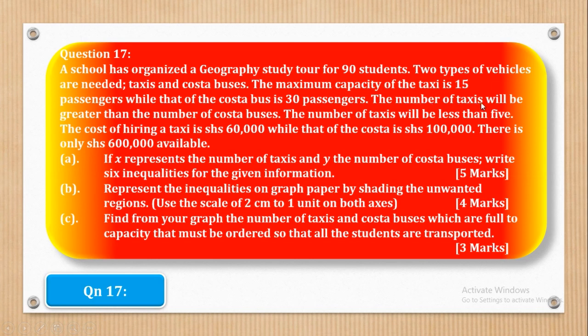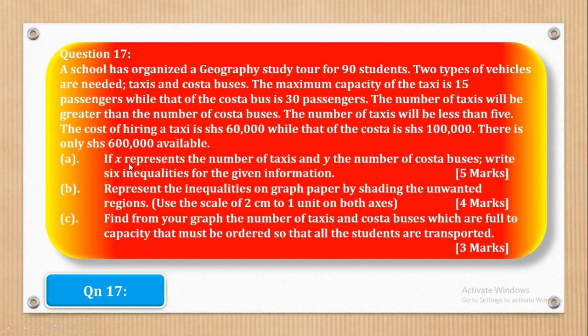The number of taxis will be greater than the number of coaster buses. The number of taxis will be less than 5. The cost of hiring a taxi is shillings 60,000, while that of the coaster is shillings 100,000. There is only shillings 600,000 available.